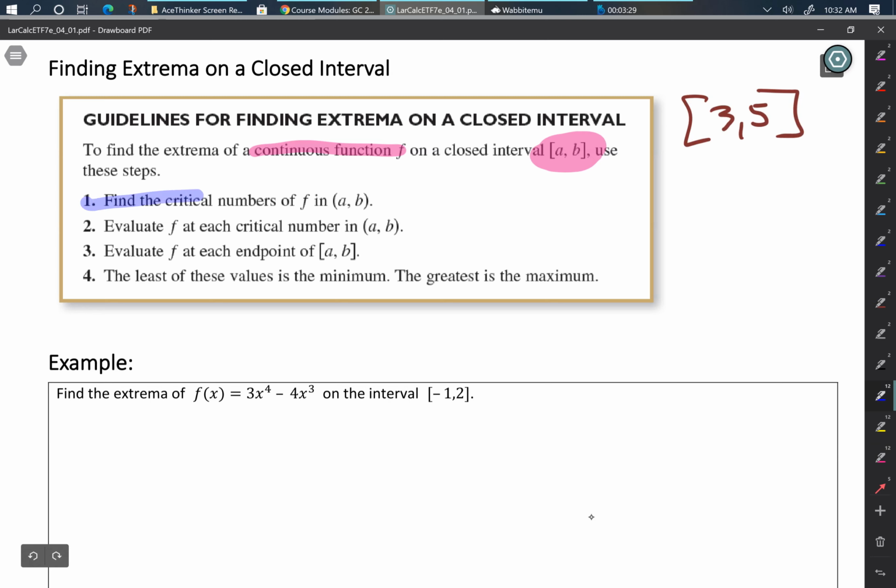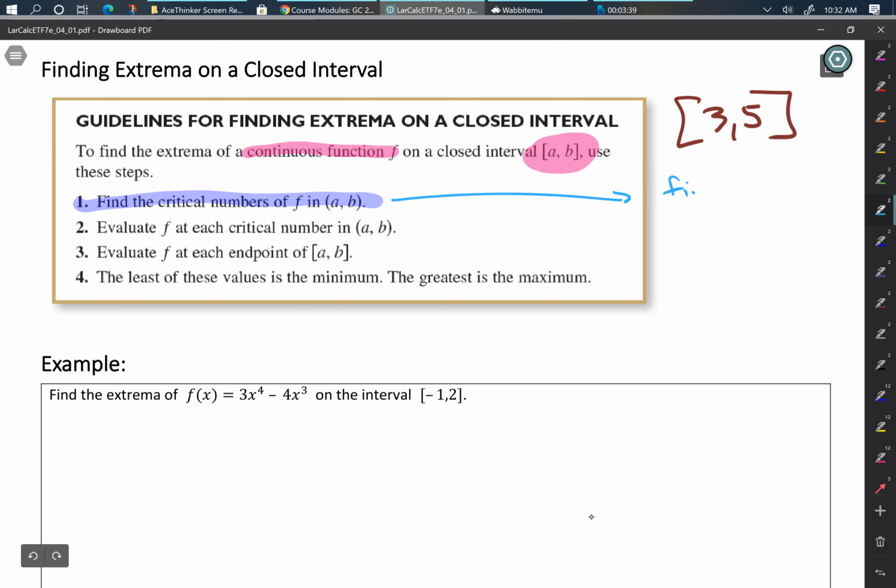We are first going to find all the critical numbers of f on that interval. They just list this as one step, but what's really involved is that we need to find f prime of x, and then set f prime of x equal to 0, or find where f prime of x does not exist. So that's a lot right there.